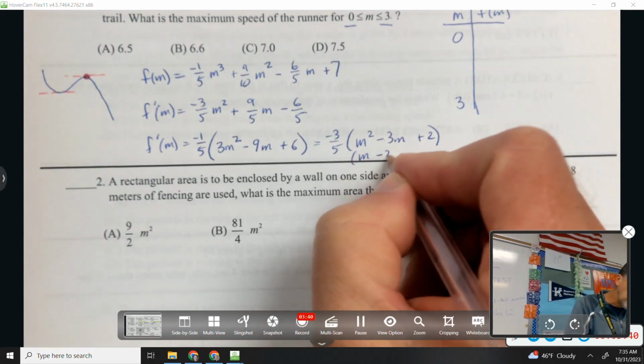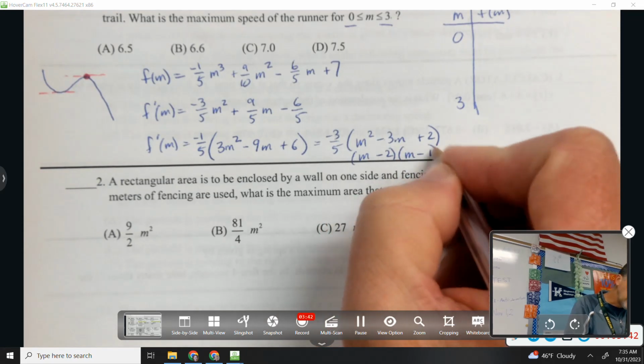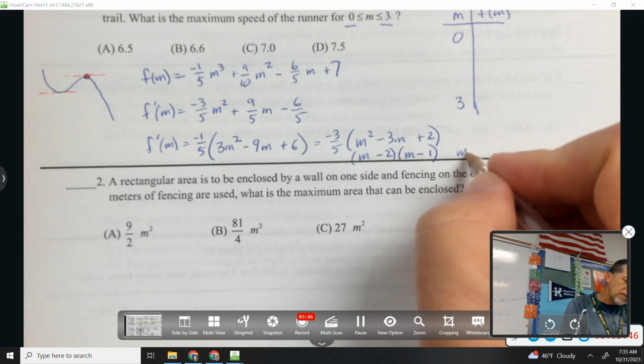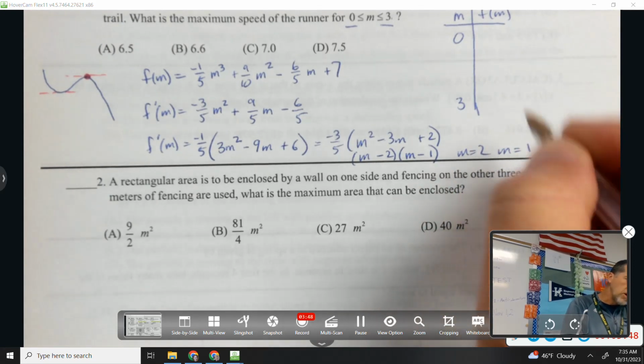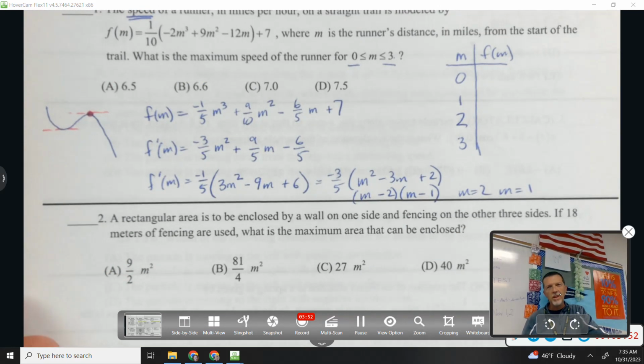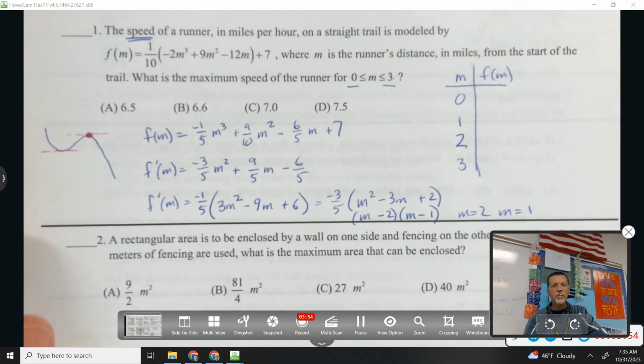Alright, so m minus 2 and m minus 1. So m equals 2 and m equals 1. They did a nice job of putting both of those in between 0 and 3. So I have to check 4 different things to see which one is the maximum.